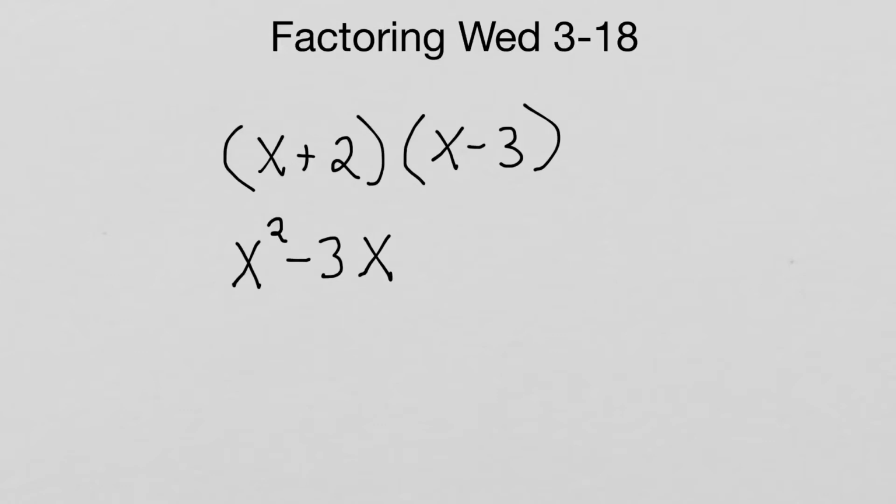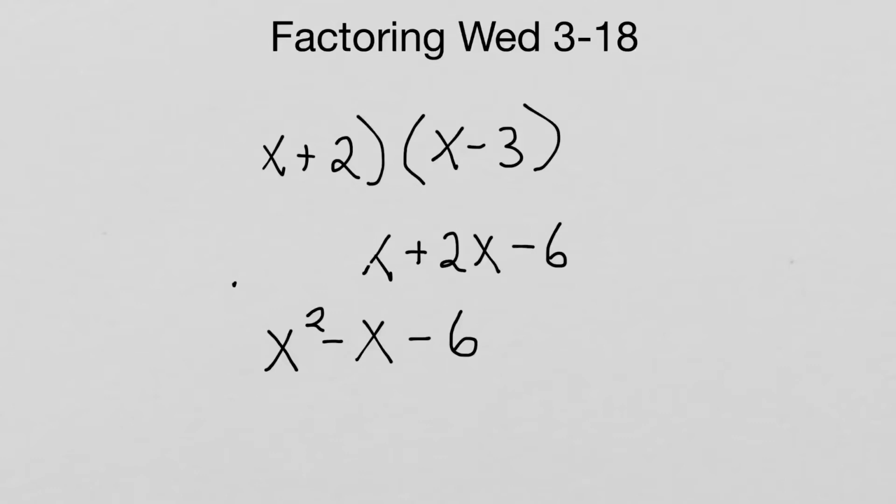Inner, positive 2 times x is plus 2x. And last, 2 times negative 3 or minus 3 is minus 6. Combine the two middle terms, you end up with x squared minus x minus 6.